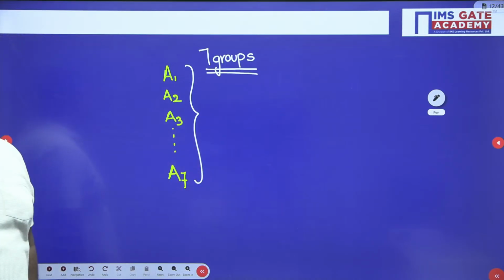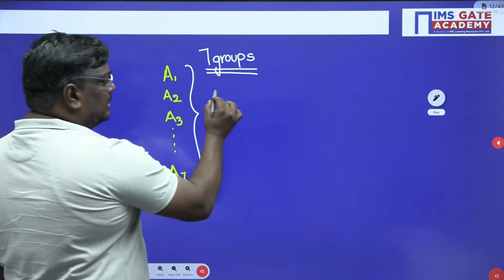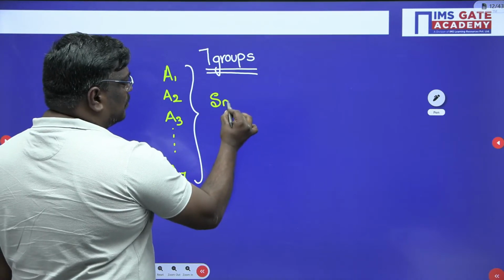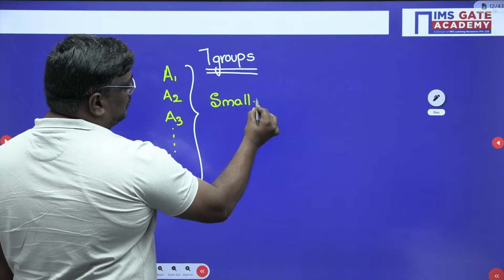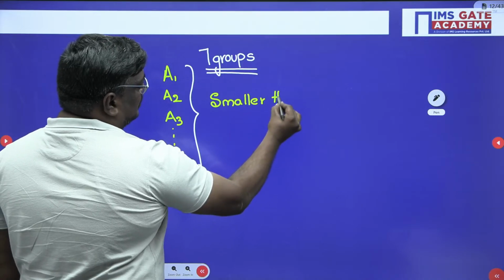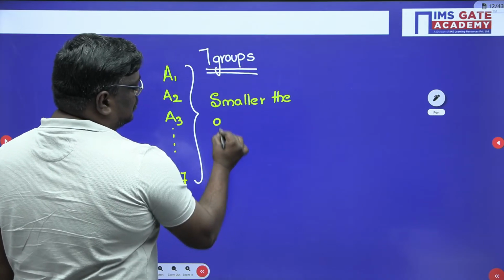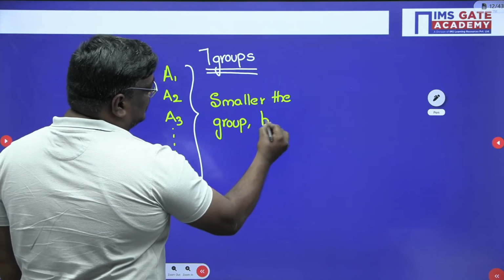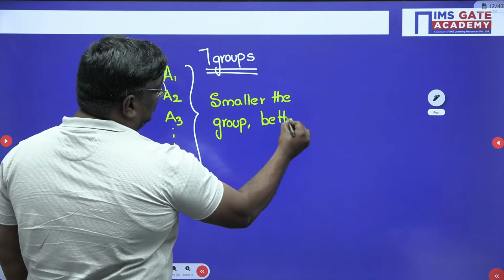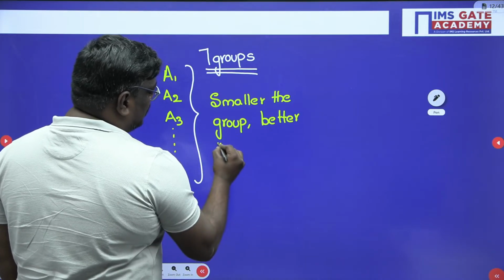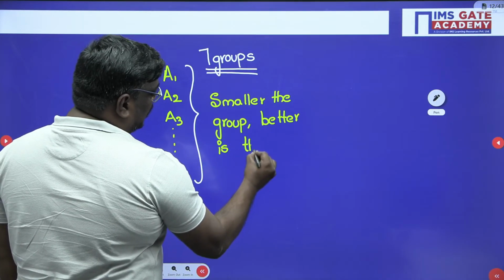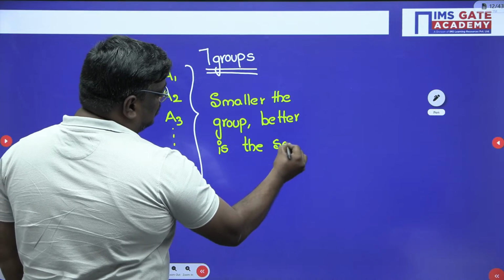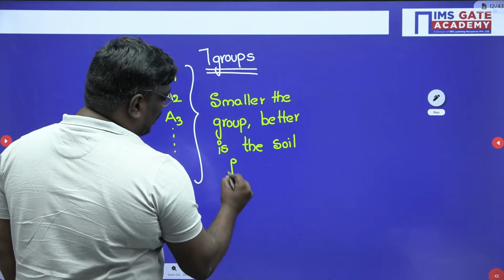7 groups. What they are trying to tell is, smaller the group, better is the soil for pavement. Smaller the group, better is the soil.